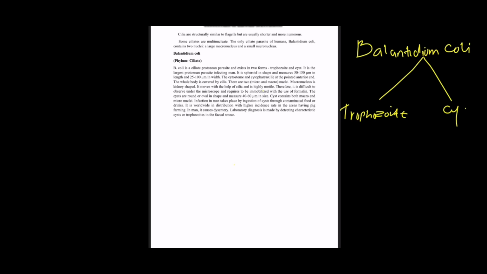The trophozoite is the active and feeding stage of the parasite, while the cyst is the infective stage.